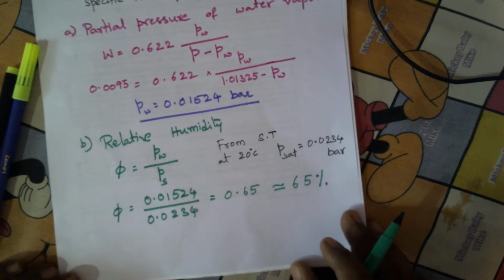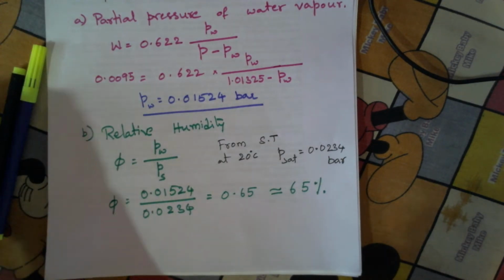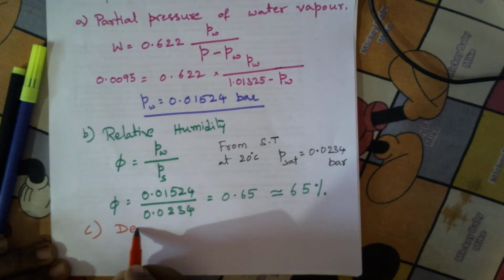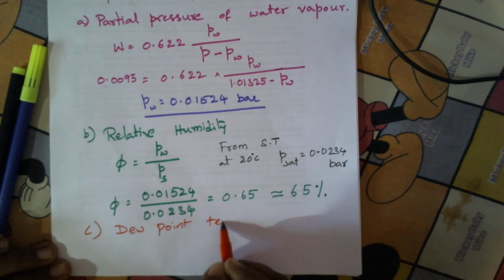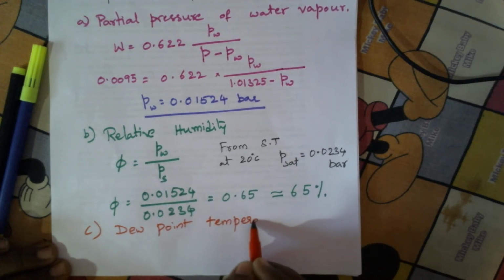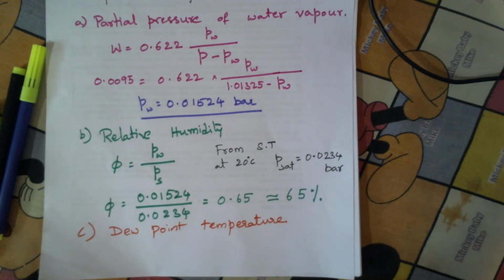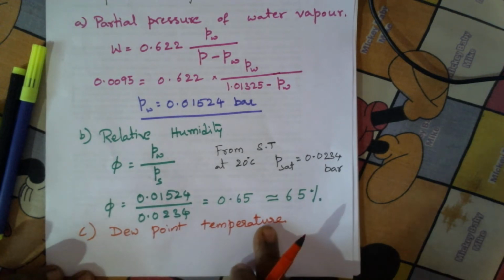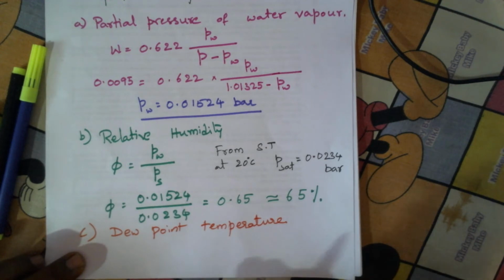Third one is dew point temperature, C. So how to get the value of dew point temperature? This dew point temperature, actually we are not going to calculate it, but we are going to get it from steam tables, because dew point temperature means it is the temperature at which condensation starts.